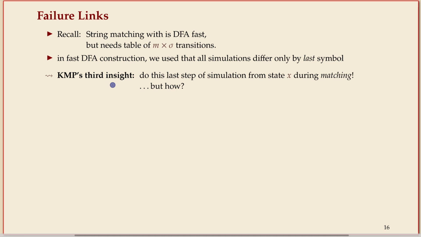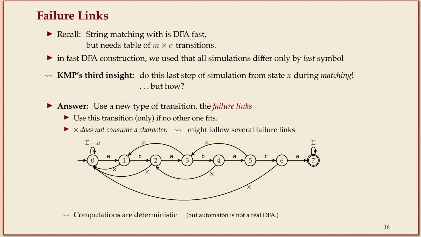And so the last insight is, let's deviate slightly from this strict notion of a DFA and instead do something that works better with this notion that we just keep a previous state. And the solution for this, if you want to keep drawing nice images like this, is a failure link.